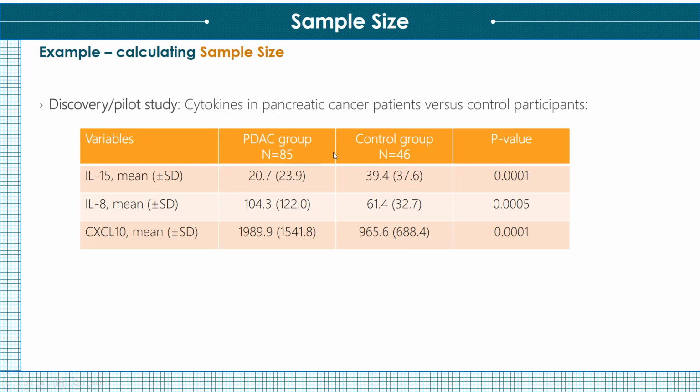From our pilot data, these were our means and standard deviations for these cytokines, which were significantly different. So now I am designing my larger study to really determine whether these differences truly exist. And therefore, I need to see what number of patients do I actually need to know that there's a true difference.